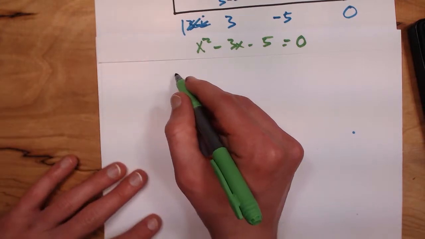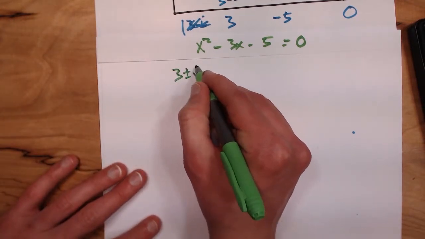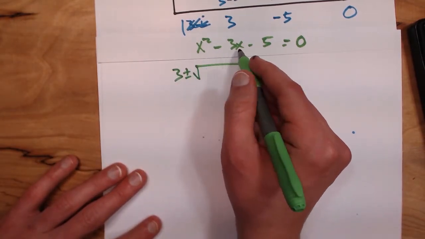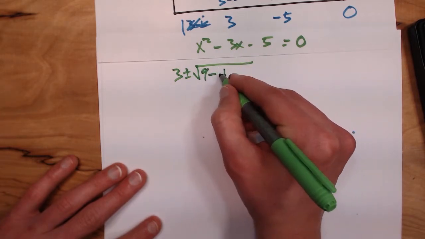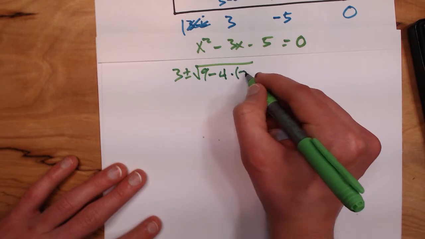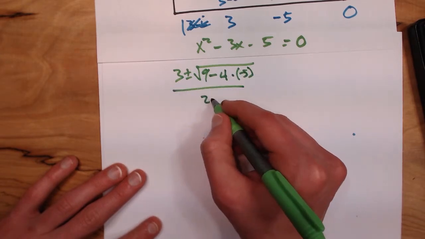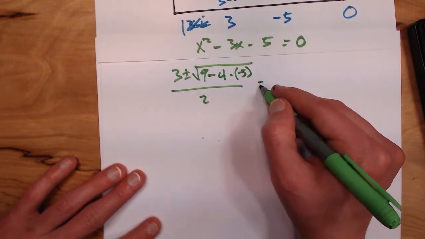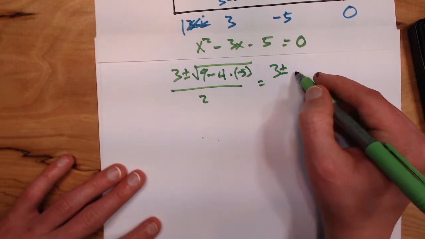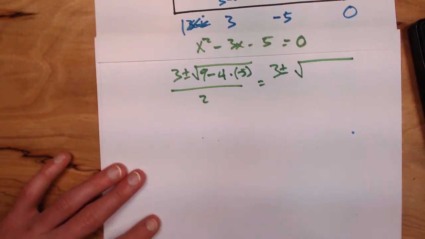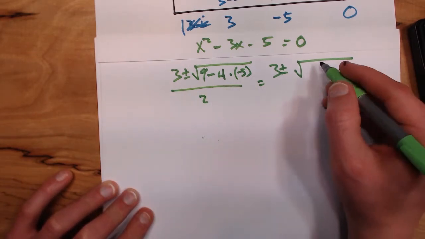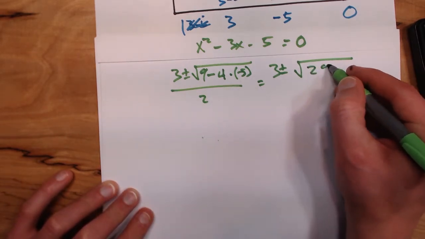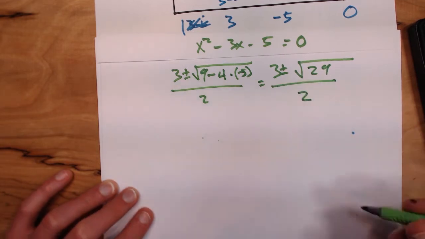Negative b, which is 3, plus or minus the square root of b squared, which is 9, minus 4ac, where a is 1 and c is negative 5, over 2a, which is just 2. So 3 plus or minus the square root of, I think it's 29, over 2. I really hope that's the right answer.